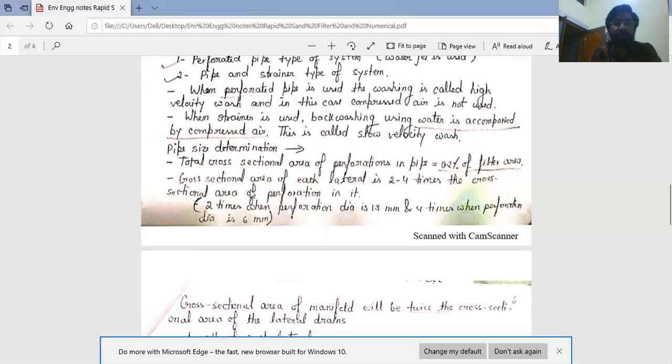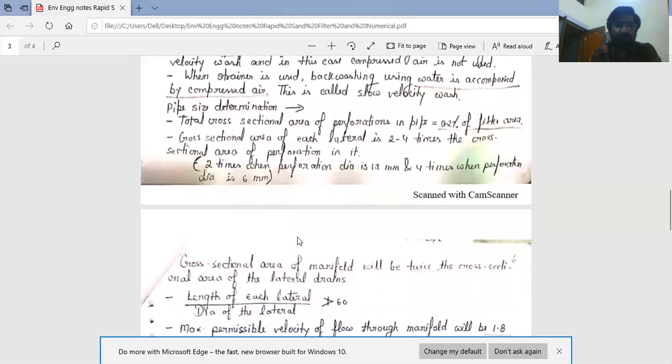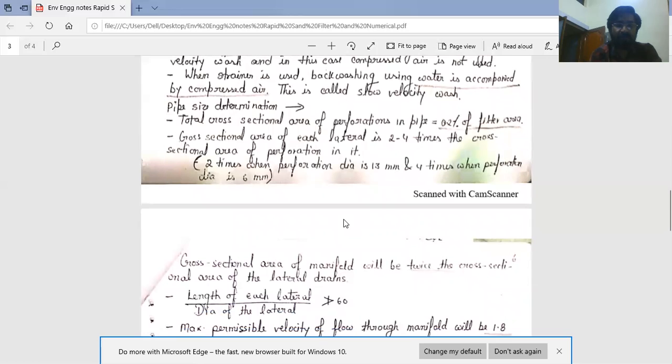Cross sectional area of each lateral pipe is 2 to 4 times the cross sectional area of perforation in it. 2 times when perforation diameter is 13 mm and 4 times when perforation diameter is 6 mm.